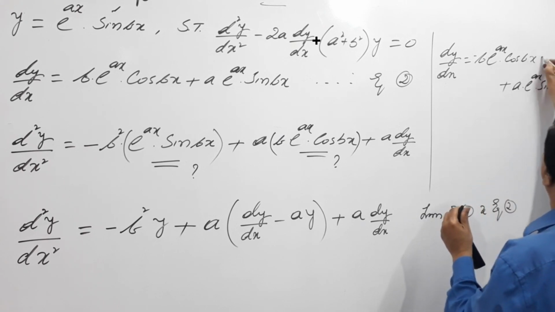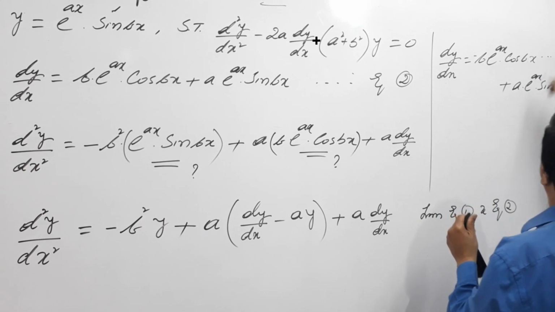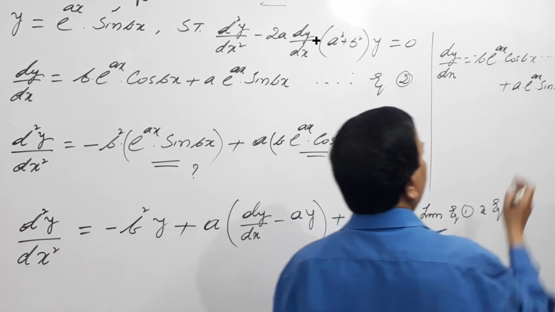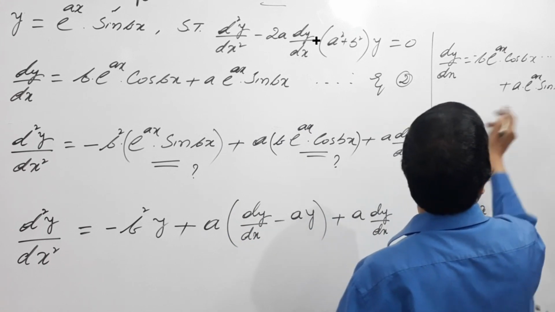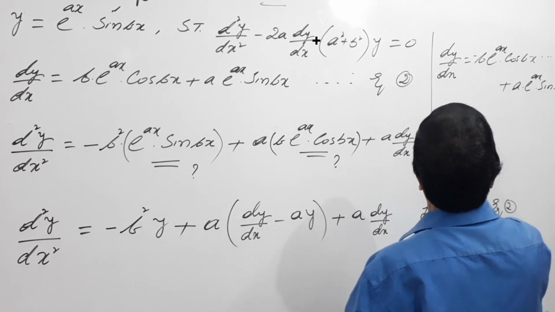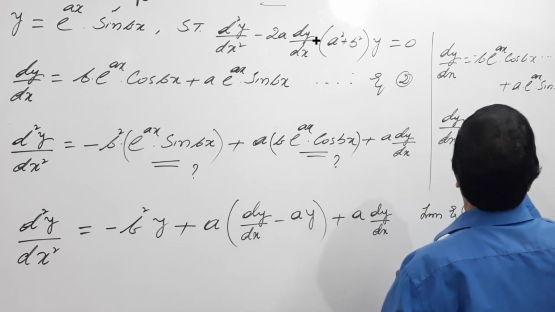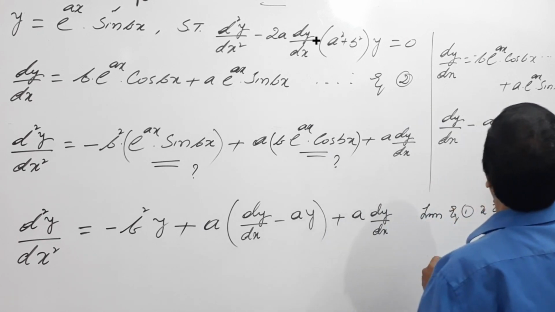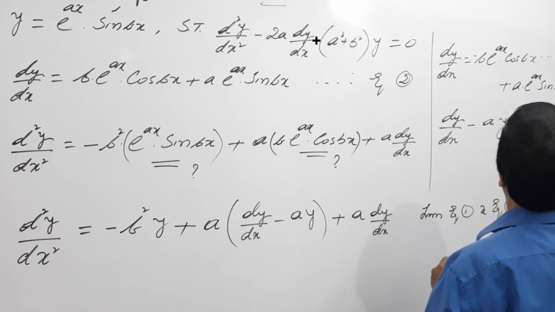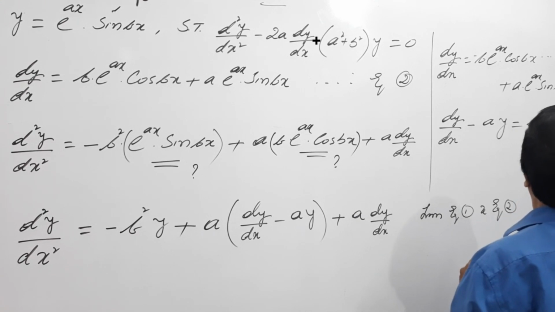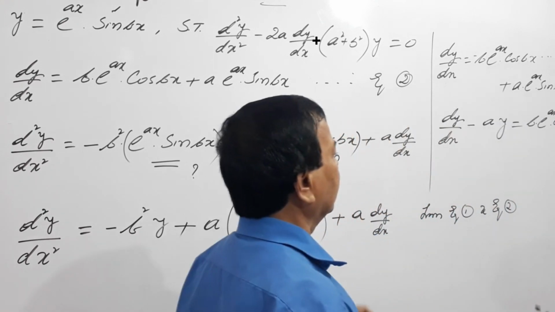That is our equation 2. Now supposing I move this to the right hand side, this becomes dy by dx, and if I move this to the left hand side, this becomes a into y equals to what? b into e to the power of ax into cos bx, correct?